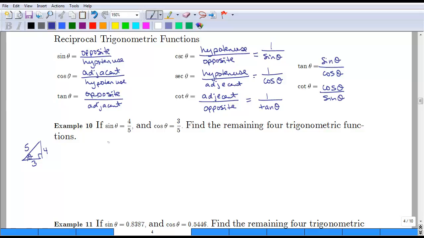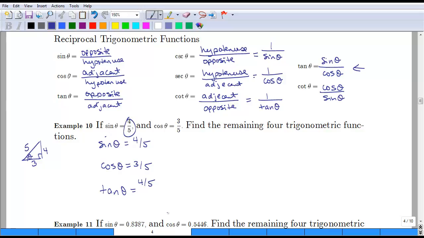Another way we can do this, and I'm going to just list all of these, we already know that sine theta is 4/5, that cosine theta is 3/5. So using this triangle, we could deduce that tangent of theta will be 4/3, or we can come over here and look at this identity that we were given and say that this is going to be sine of theta, which has a value of 4/5.